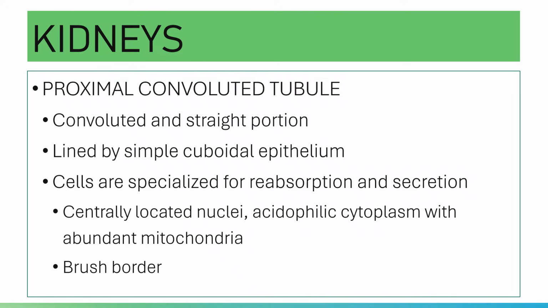Your PCT, your proximal convoluted tubule, is a continuation of your Bowman's capsule. From your Bowman's capsule going to your proximal convoluted tubule. It has a convoluted and straight portion accordingly.